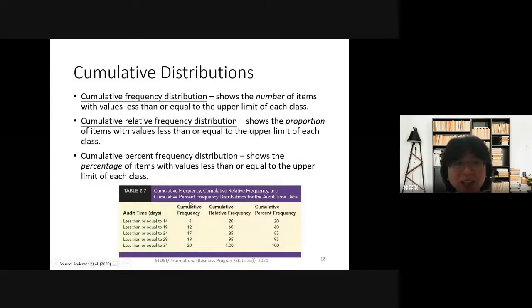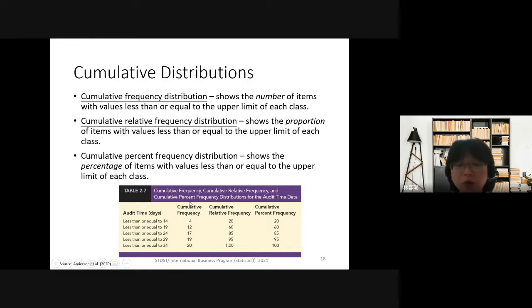Okay, the cumulative distribution. The cumulative distribution is very similar to the frequency distribution we talked about before, in the first hour or 2 weeks ago. Usually we will show the data set in different categories or groups.